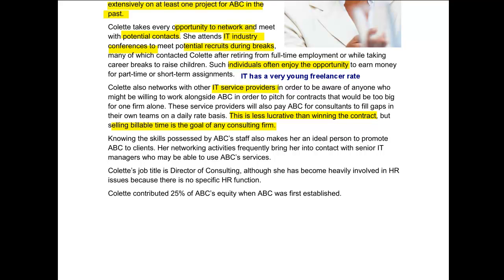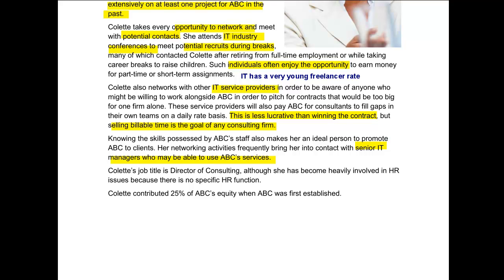And in addition to recruiting the right people or securing the right people to perform a contract, she also comes into contact with senior managers who would be able to use the services. It's all right perhaps appealing to a lower level employee about the benefits of ABC as a potential opportunity for employment, but of course a consultancy firm is all about being employed themselves by organizations.